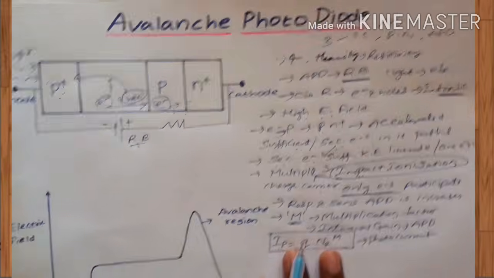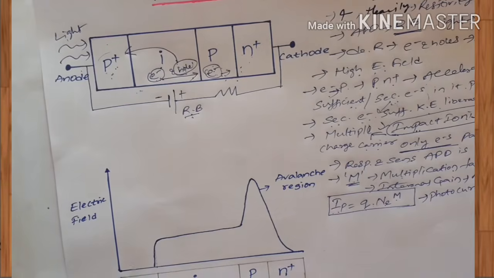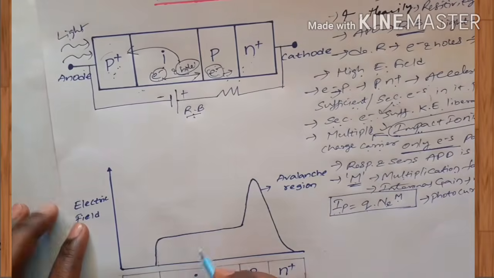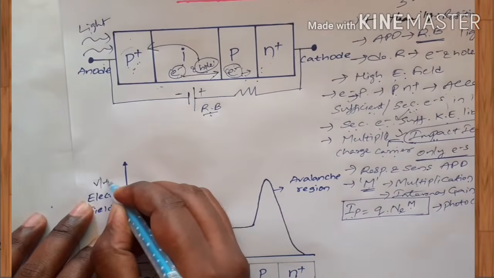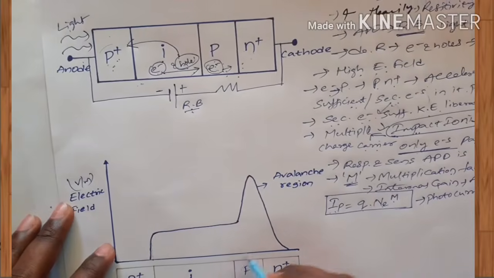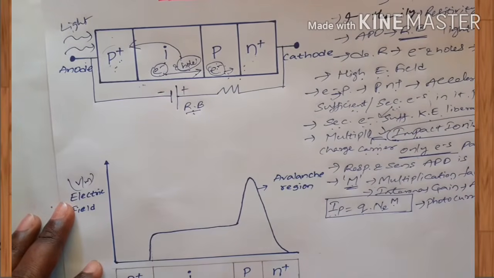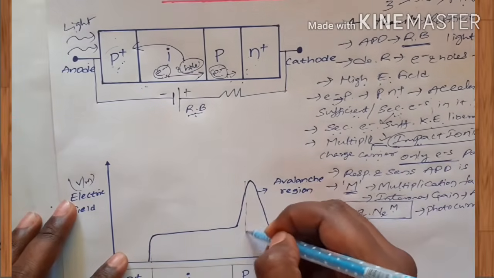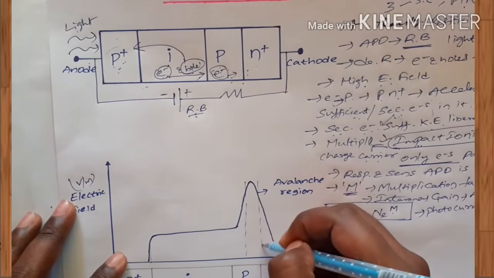If we look at the electric field profile of the avalanche photodiode, it will be like this. The electric field is very low in the P plus and I regions, but there is a very high electric field in the P and N plus junction.